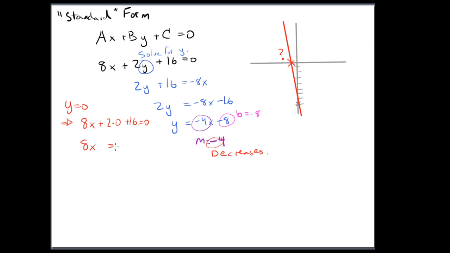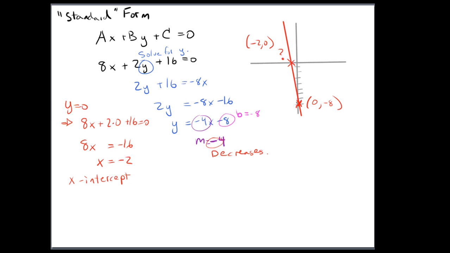So 8x is equal to negative 16, x is negative 2, so this is the point negative 2, 0, that's the x-intercept. And we said this was 0, negative 8, the y-intercept. And I think that's just about everything for this line. That's the y-intercept, the x-intercept, and the slope.